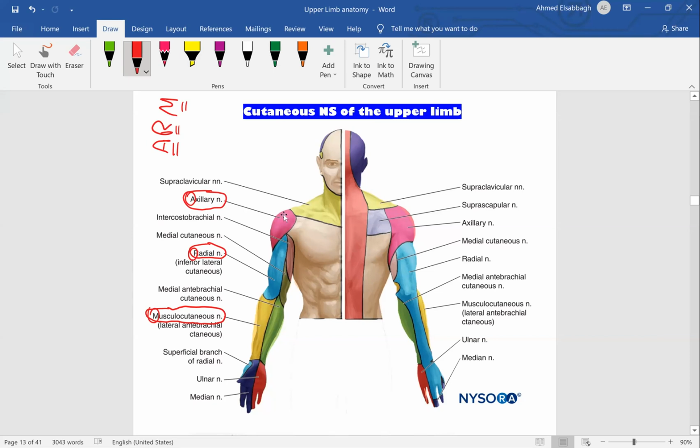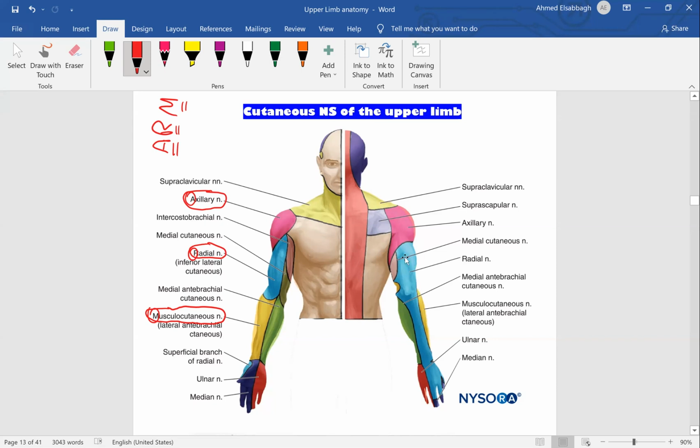A: upper lateral part of arm supplied by A, axillary. Lower lateral part supplied by R, radial. Lateral part of forearm is supplied by M, which is the musculocutaneous nerve. Excellent. This is the first part. What is the second question? What is the cutaneous nerve supply of the posterior part of arm and forearm?